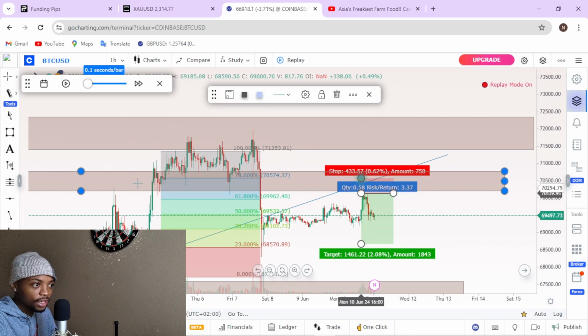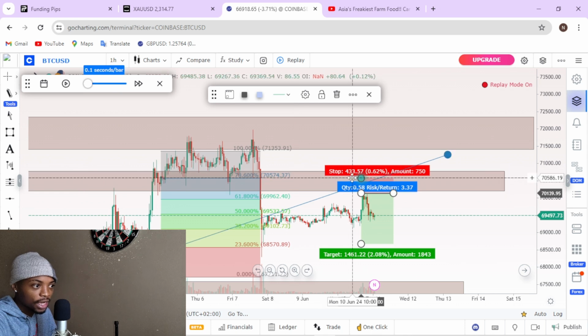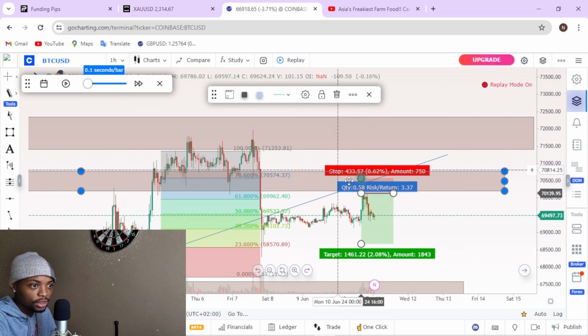Since this is the area where a lot of previous sellers entered the market, we can just go ahead and place our stop loss slightly above that, right? This is where our stop loss is.